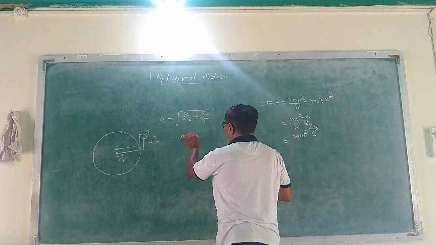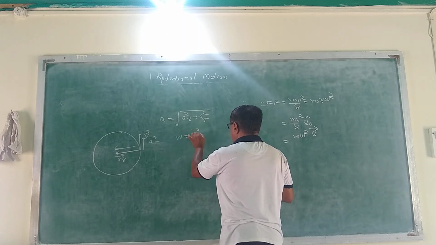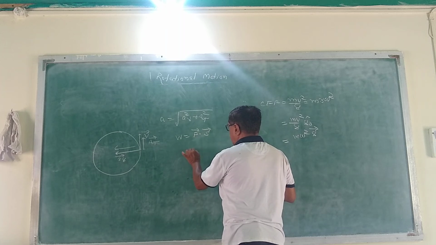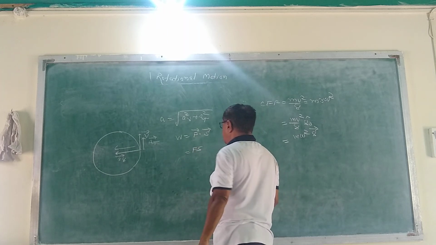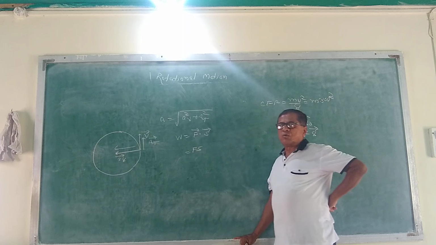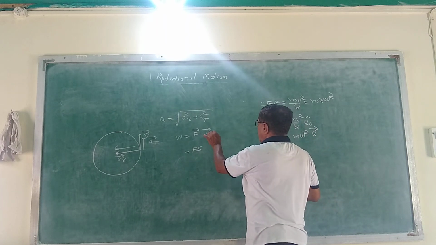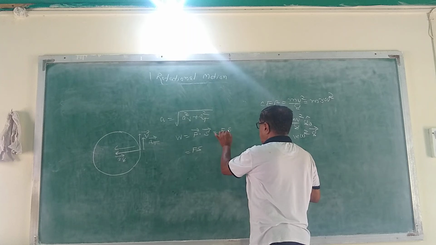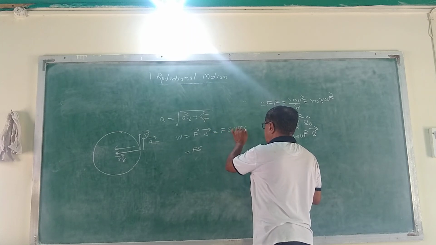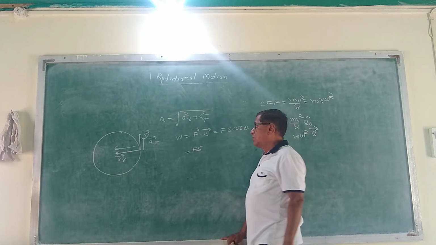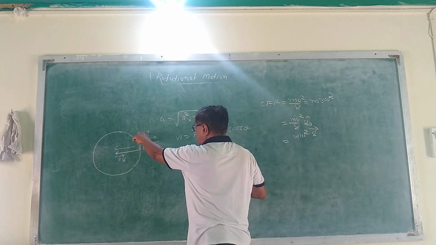W is equal to F bar dot S bar. This is the real formula of the work. We always use W is equal to Fs, but actually the exact formula of the work is F bar dot S bar, that is equal to Fs cos theta.